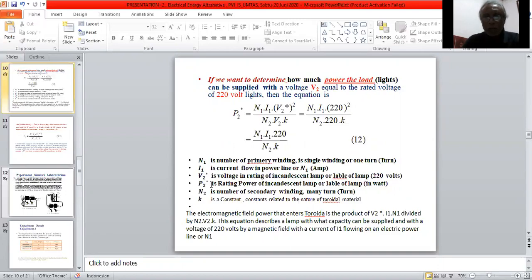P2* is the rating power of the incandescent lamp in watts. V2* is the rating voltage of the incandescent lamp, 220 volts.